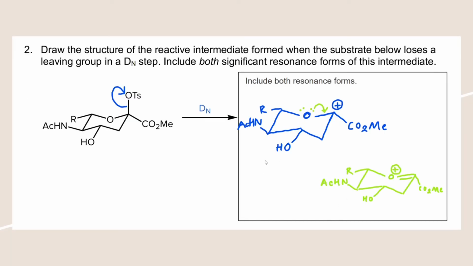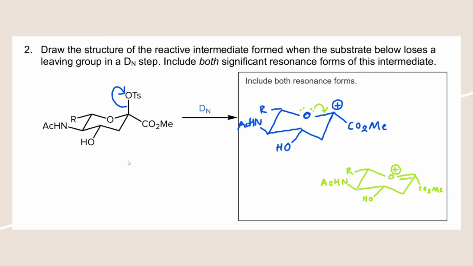So right here, I kind of drew out the two resonance structures. After the OTS group leaves in the dissociation of nucleofuge step, there is a positive charge on that carbon where the OTS group left. And so that is one resonance form.